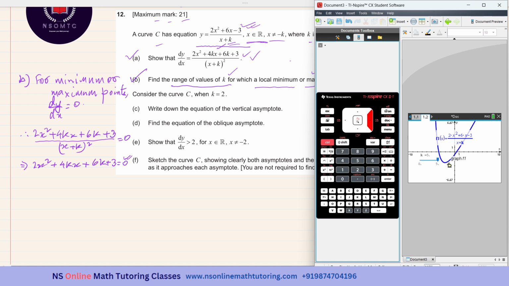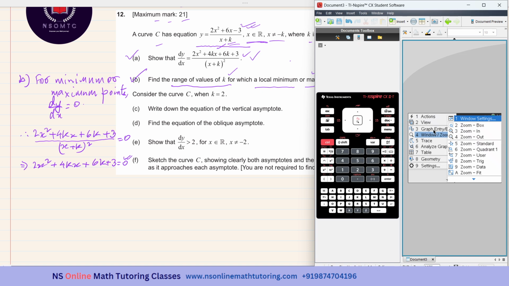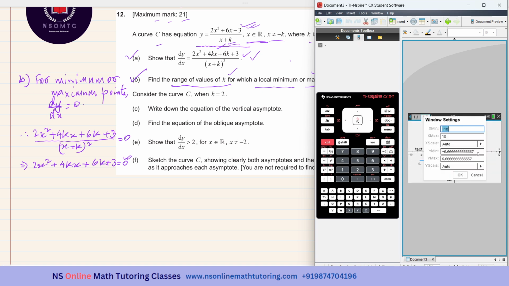Now you are seeing there is a minimum point. Okay, let me change the window settings. I am just changing the y values. Y min, let me make it -20, and y max, it is +20.